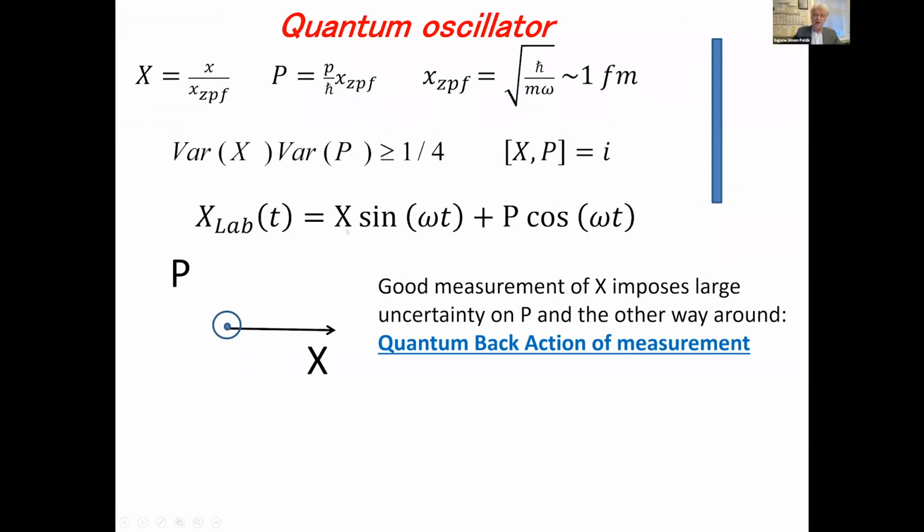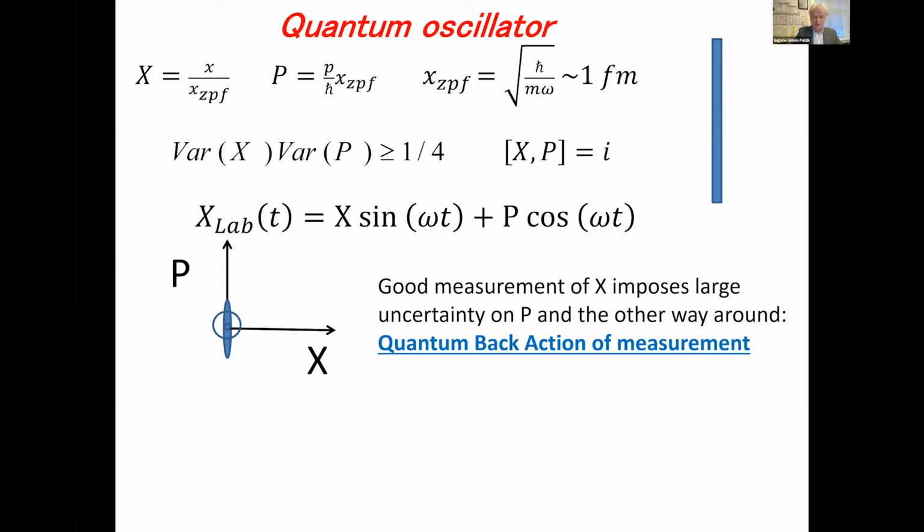At the same time, according to quantum mechanics, you impose the back action into p. So a quarter period later, you keep observing, but now you are measuring p because the cosine is 1 and the sine is 0. But you have imposed the back action on the p, and now you're imposing the back action on the x.